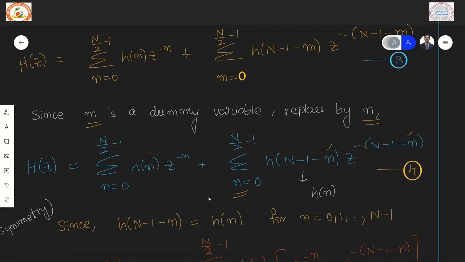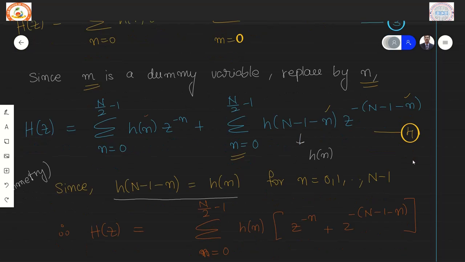Now we remember the condition which we call as symmetry. Now from symmetry we have learned that the value of h of n is same as h of capital N minus 1 minus n for n ranging from 0 to N minus 1. Therefore, we can replace it with h of n. Next, when you replace it with h of n, now we see that both the summations will have the same limits.